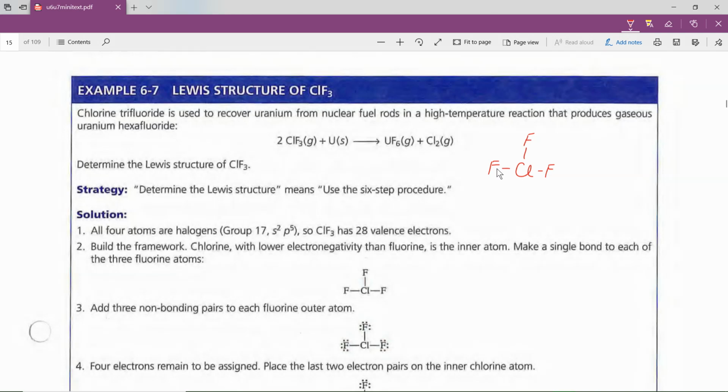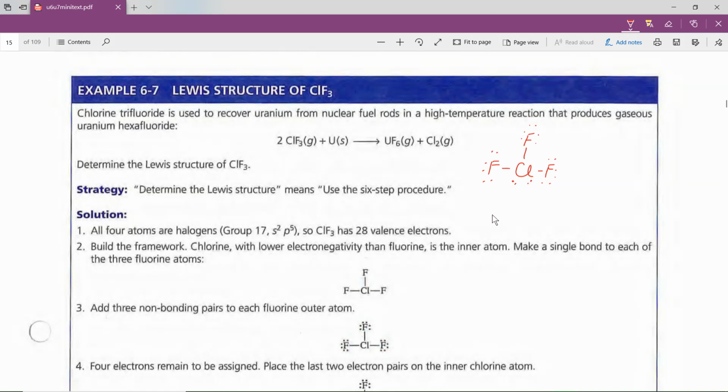Chlorine is 7, each fluorine is 7, so that's 28. Well, the ligands have to be happy, and they're going to be single bonds, because halogens usually form single bonds. So 6, 12, 18, 20, 22, 24. Now I have to put in 28. So the only place they can go is around the chlorine.